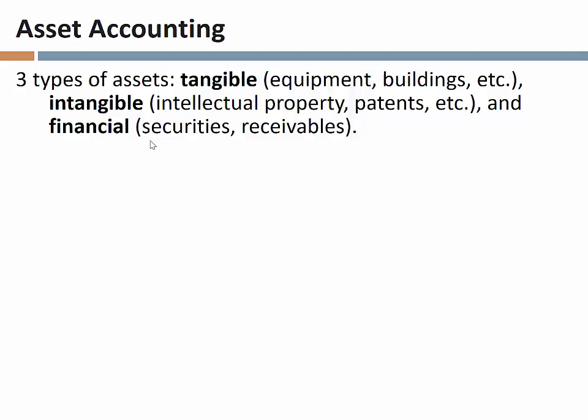A song might be an asset, but the song itself is actually intangible. And then we have financial assets, which are things that are either cash money or things that can be very quickly converted into cash money, like stocks, bonds, securities, receivable money coming in from customers, and things of that sort.